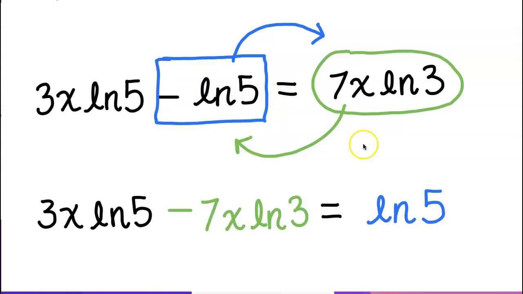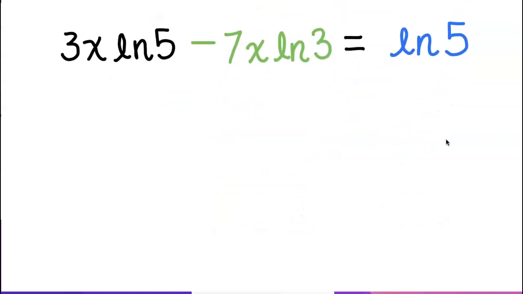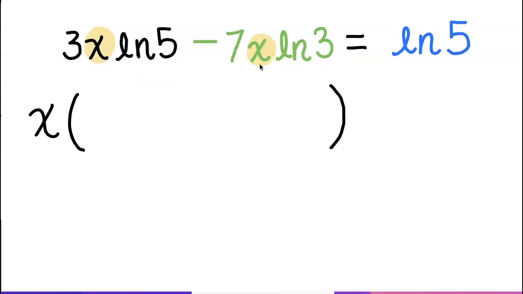Now, that moving process was so that we can have x on the same side of the equal sign. What we're going to do now is factor out that x to the front. Notice both terms on the left have variable x, right? So factor that out to the front. And let's write down what's left inside this parenthesis. So I have x outside.